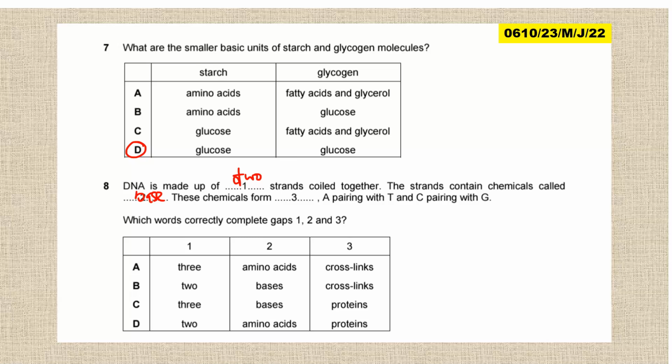Okay, so cross link. So we are looking for two, then bases, then let's see, it's made up of two strands, then of bases, not three, two strands of bases cross link. So the answer is B.